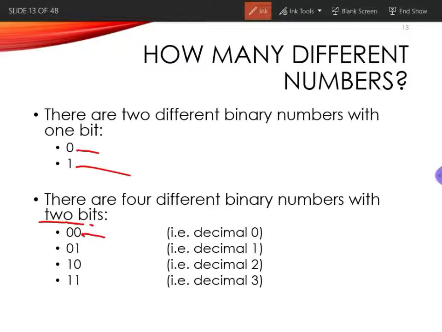You have 0, 0, then 0, 1. Basically, you are changing the first bit position, and then 1, 0 and 1, 1, where you change the second bit to 1 and then change the first bit from 0 and 1. The numbers are equivalent to decimal 0, 1, 2, and 3.